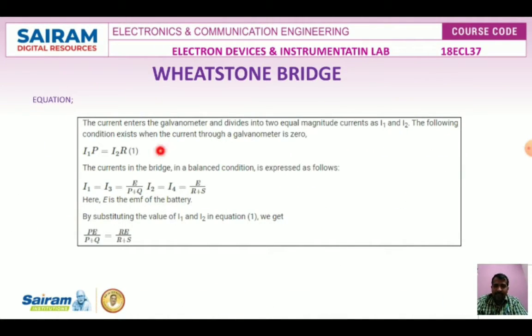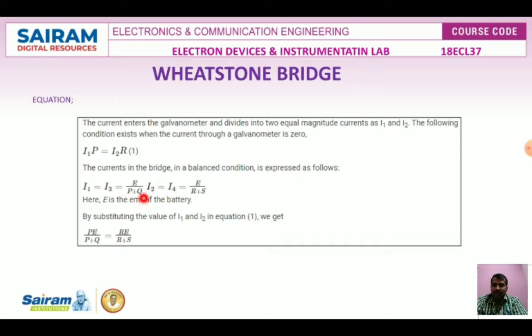The current in the balanced bridge is expressed as I1 is equal to I3, which is equal to E divided by P plus Q, and I2 is equal to I4, which is equal to E divided by R plus S. Here E is the EMF of the battery.